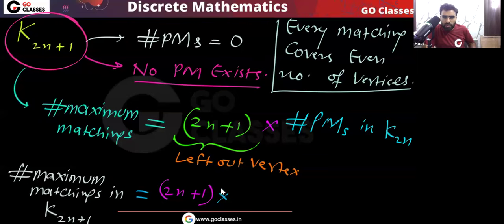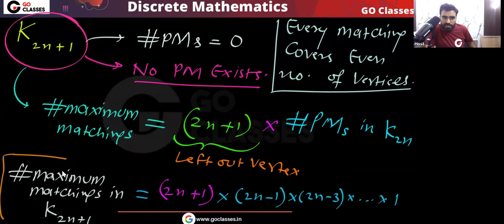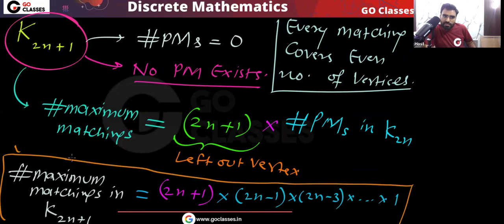So how many perfect matchings are there in K2n? That we already know: (2n-1)(2n-3) and so on into 1. So this is quite an interesting result we got, right? Yes or no?